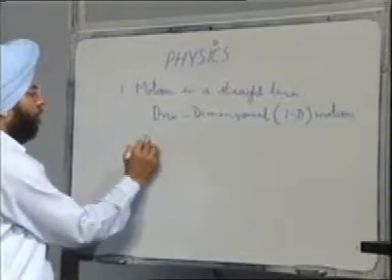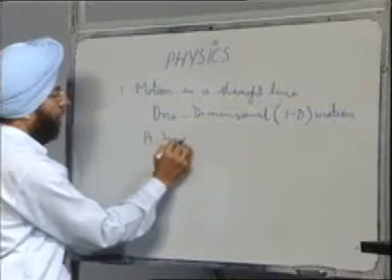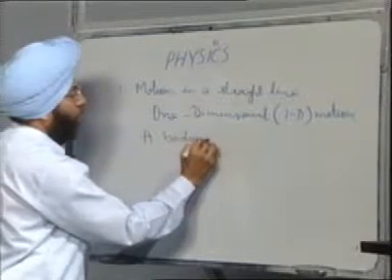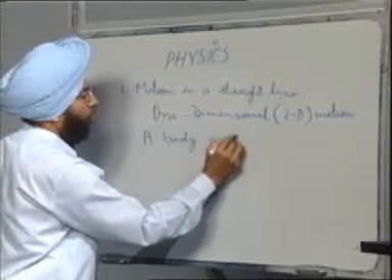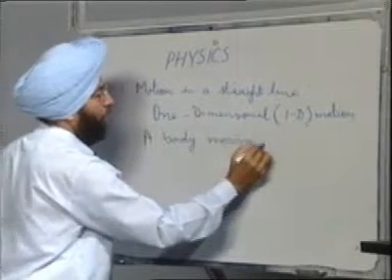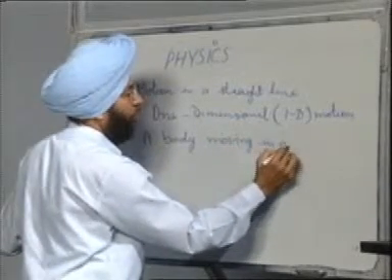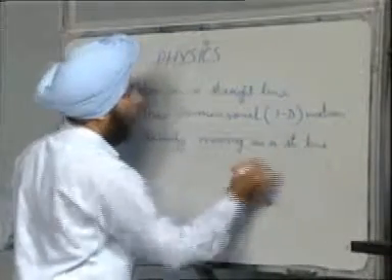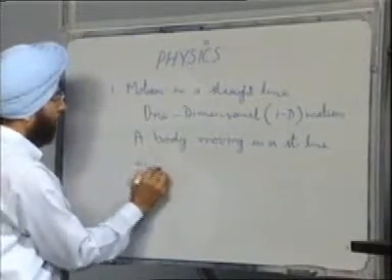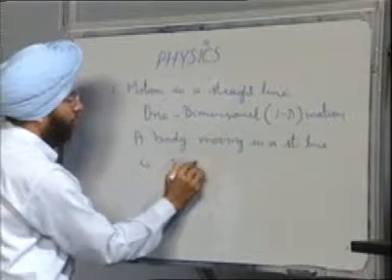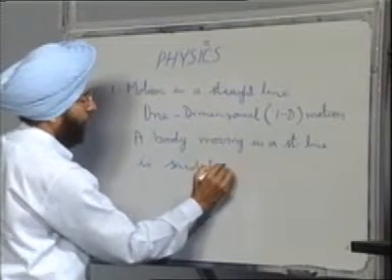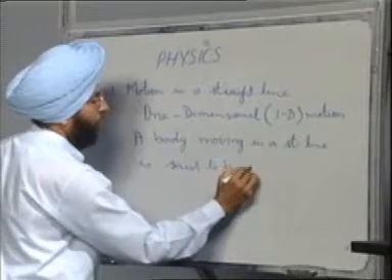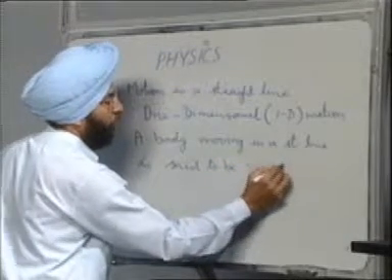If a body is moving in a straight line, it is said to be in one-dimensional motion.